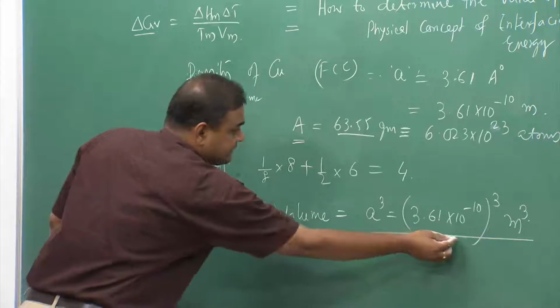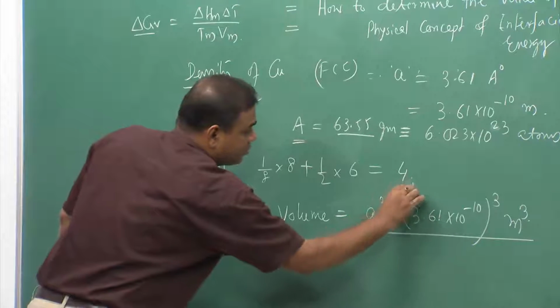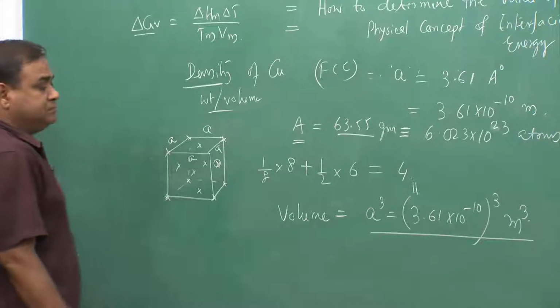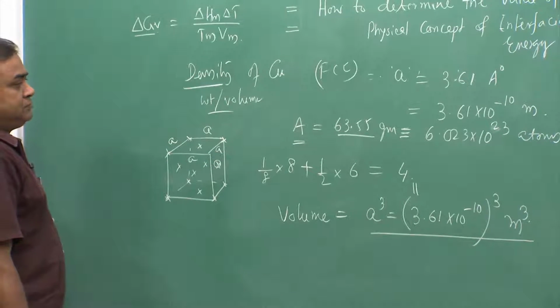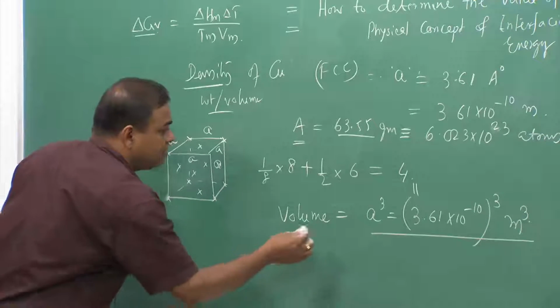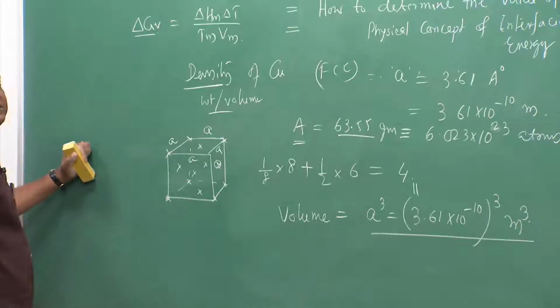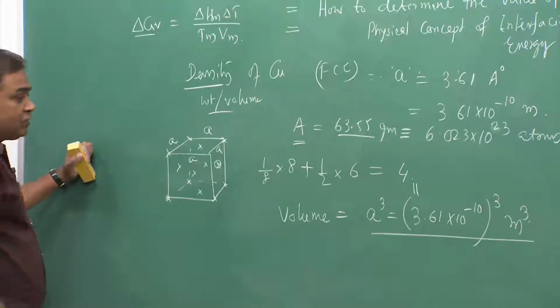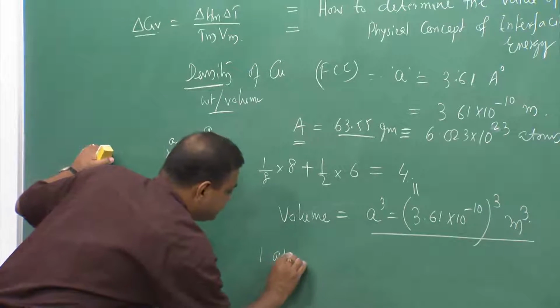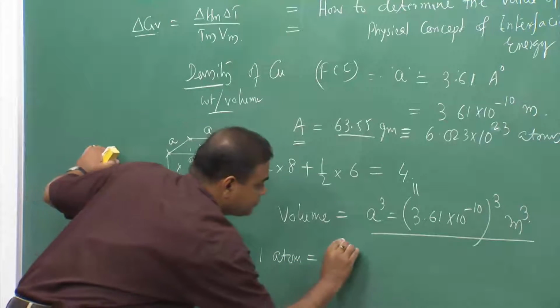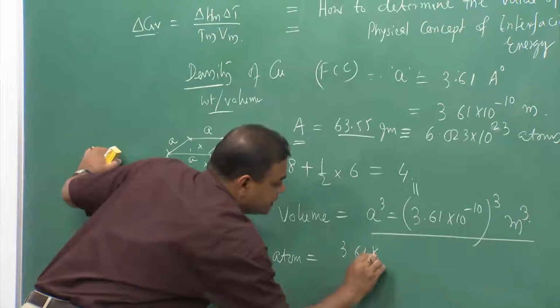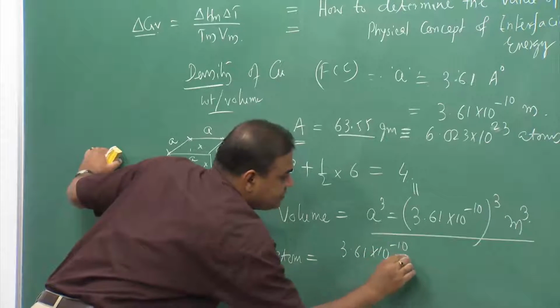Now, at the same time 4 atoms are occupying this much volume, then 1 atom is occupying how much volume? So, I can calculate 1 atom is equal to 3.61 × 10^-10.